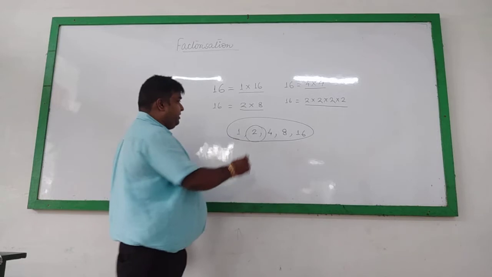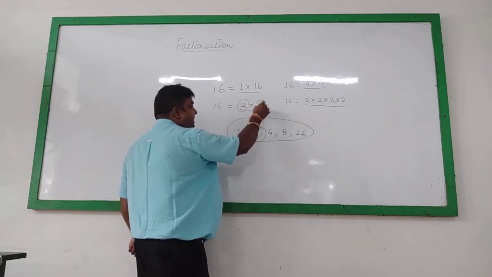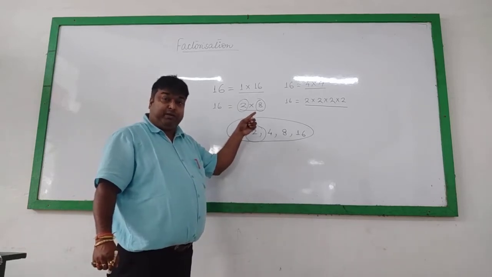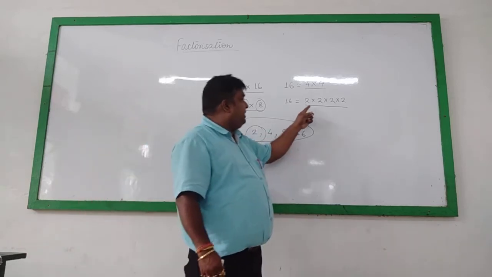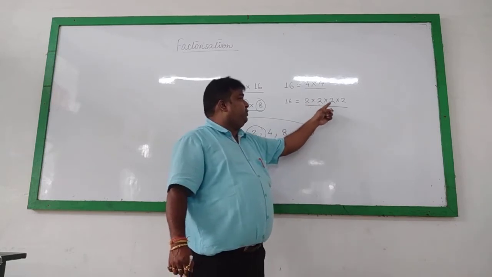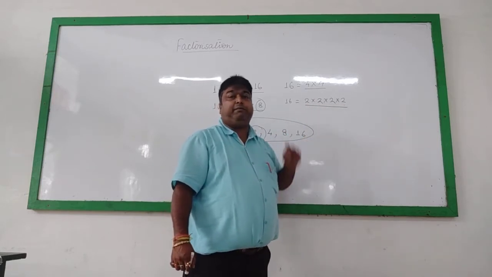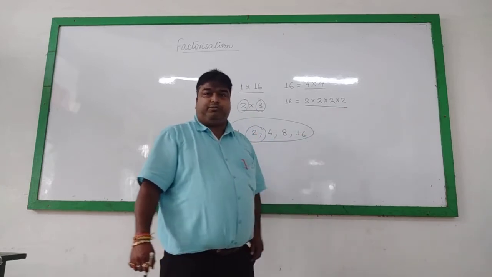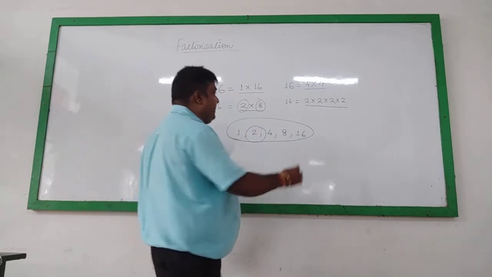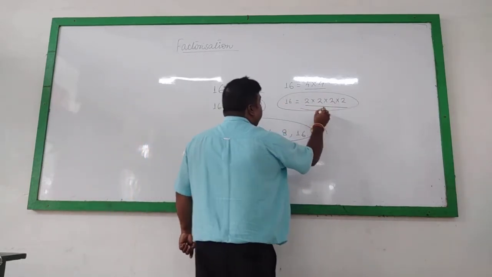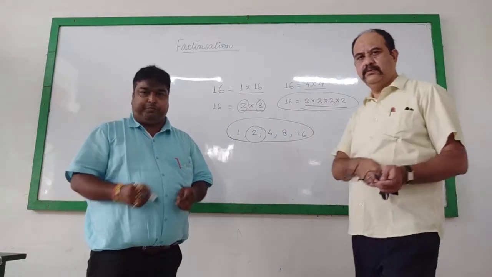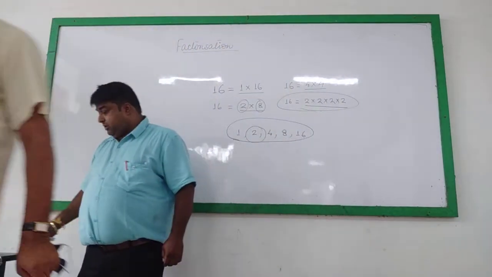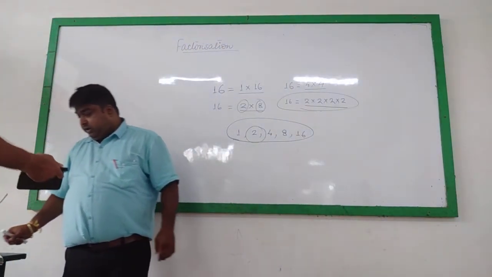But 8 is not a prime number. Here in 2 into 2 into 2 into 2, all are prime numbers. This is irreducible. It cannot be reduced further. So this factorization is called the prime factorization of 16.